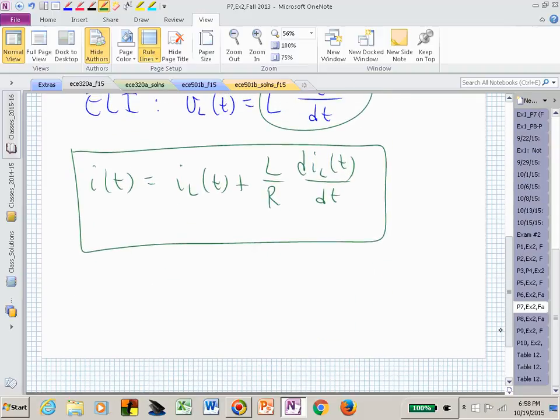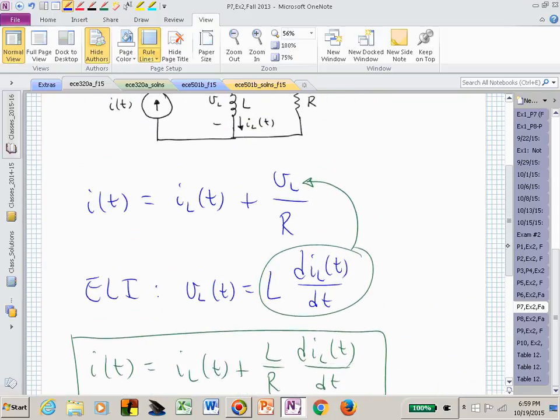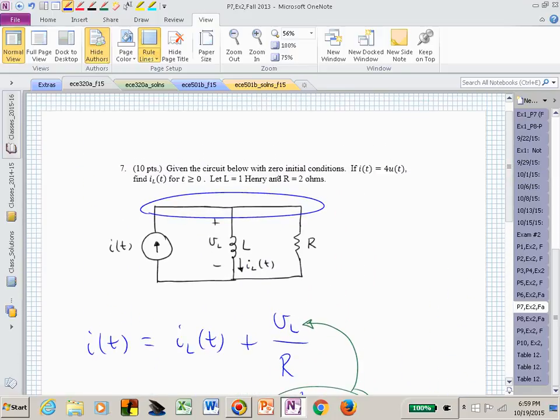If we now Laplace transform this, I end up with 4 over s is equal to I sub L of s plus L over R times s I sub L of s minus little i sub L of 0 minus. But I'm making your problem a little bit easier because I said you have 0 initial conditions.